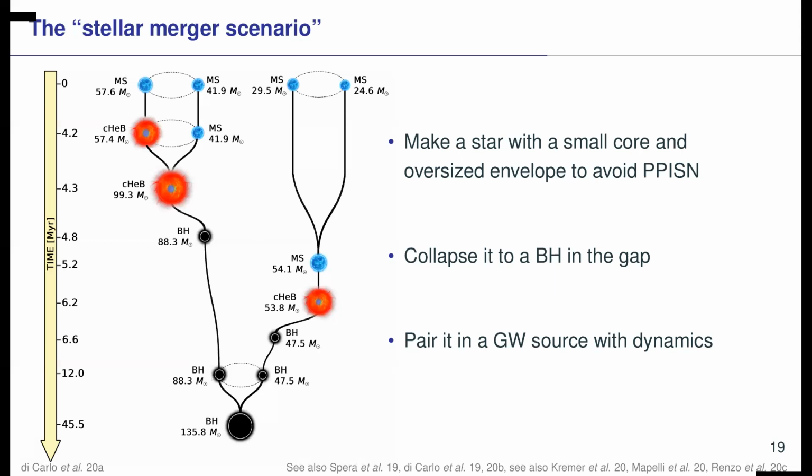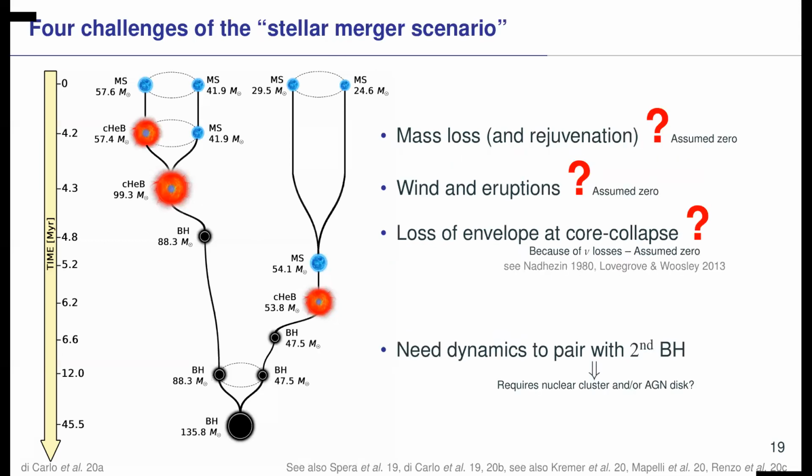So this basic cartoon picture of the scenario allows me to highlight a few speculative steps that would require a little bit more study to really be trusted. In particular, here, the treatment of the merger is very simple.